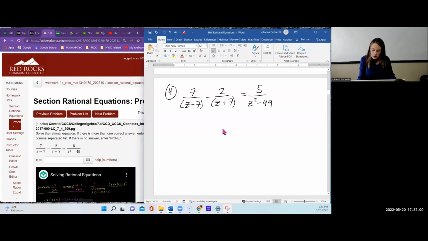In fact, we can go ahead and start building it over here to the side. We're going to need a Z plus 7 group and a Z minus 7 group. They're not the same group, so don't line them up one above the other. Now, what does this last denominator need? It's Z squared minus 49, which factors, not surprisingly, as Z plus 7 times Z minus 7.